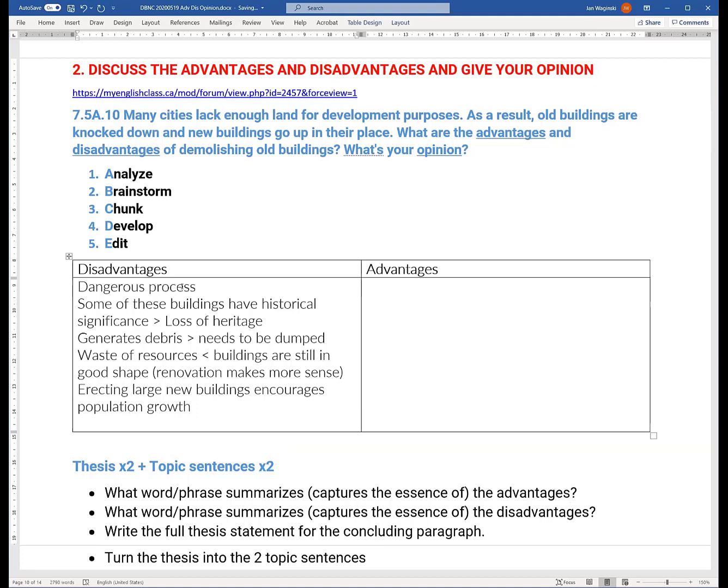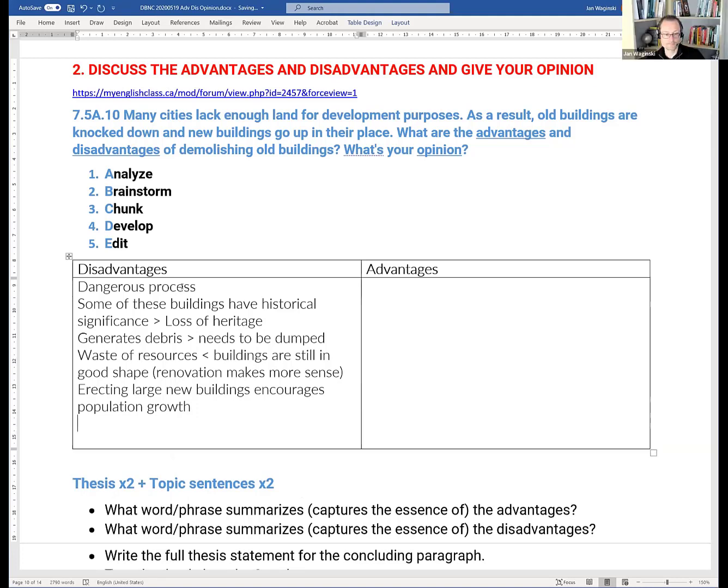Enhancing pollution. In what way? For example, with development purpose, they try to build high-rise condominiums, right? They need to install all the mechanics.